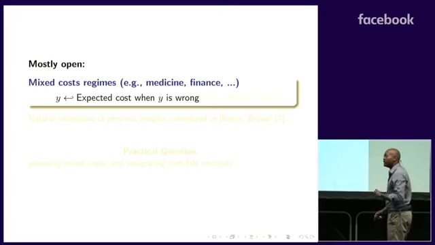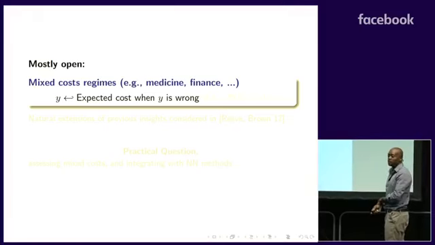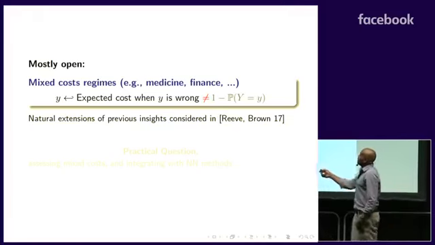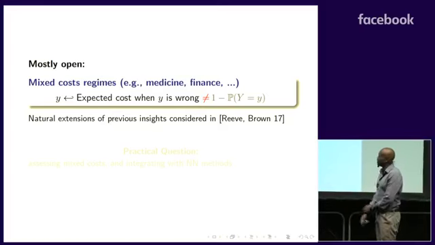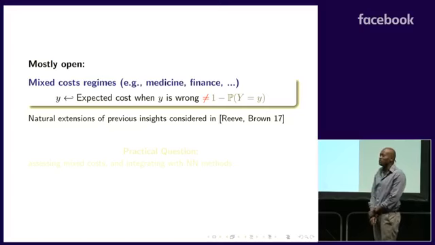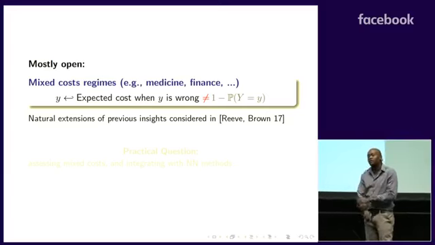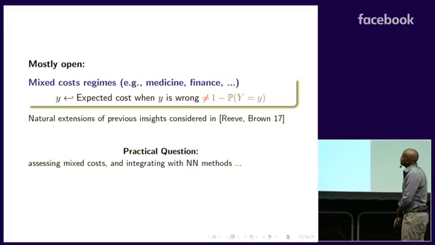Okay? And then from there, you can build the same sort of intuition. Natural extensions of this type of insights are done in Reeve and Brown 17, but I haven't seen much more work on this.